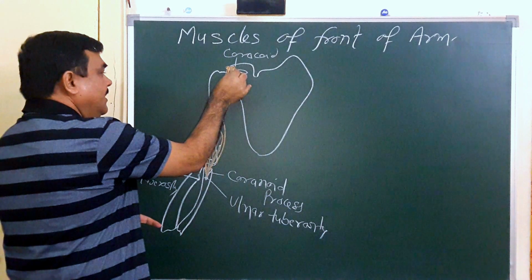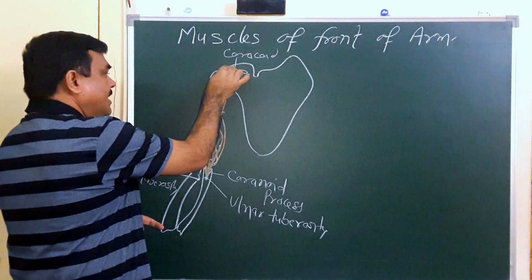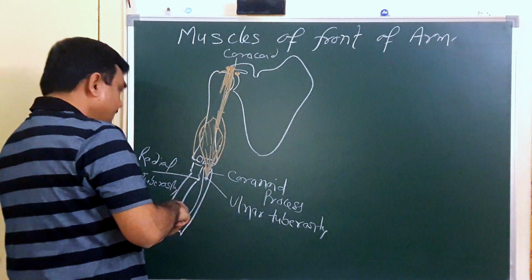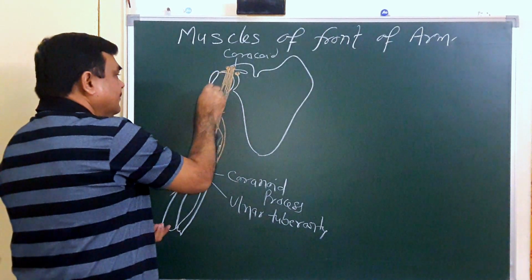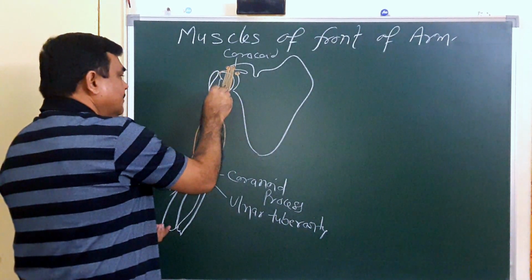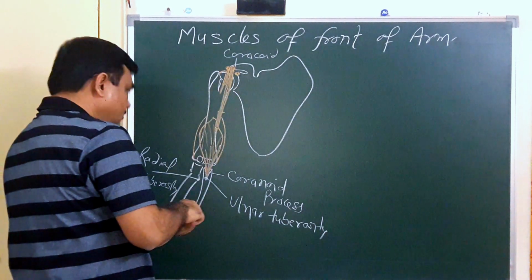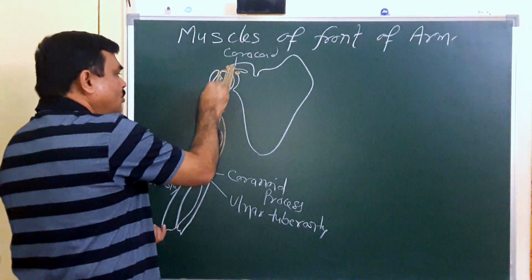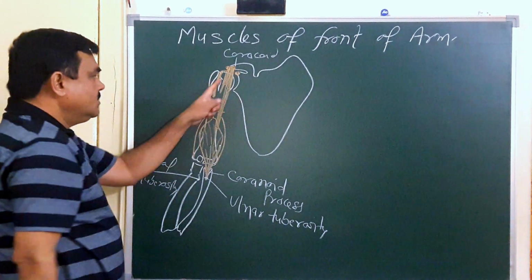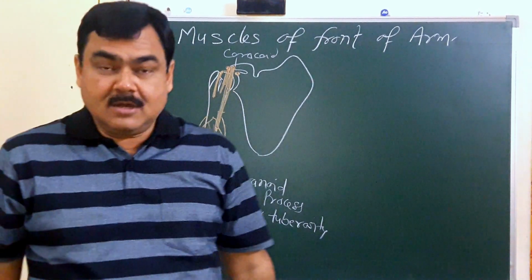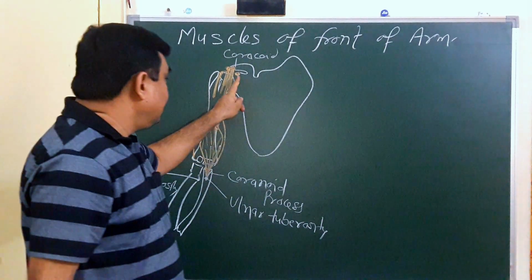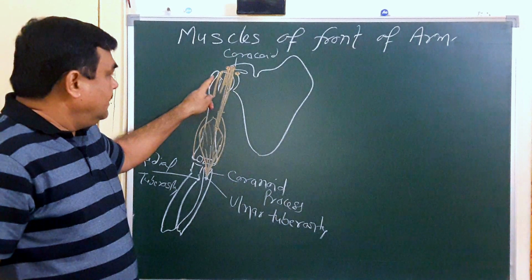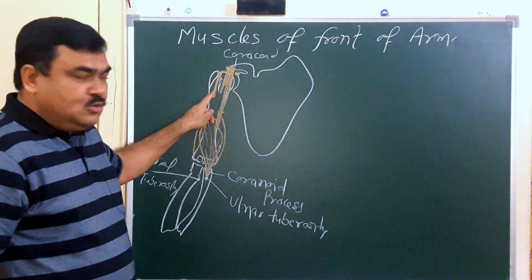It takes origin from here, passes within the joint capsule, and then through the bicipital groove. So the long head is intracapsular.